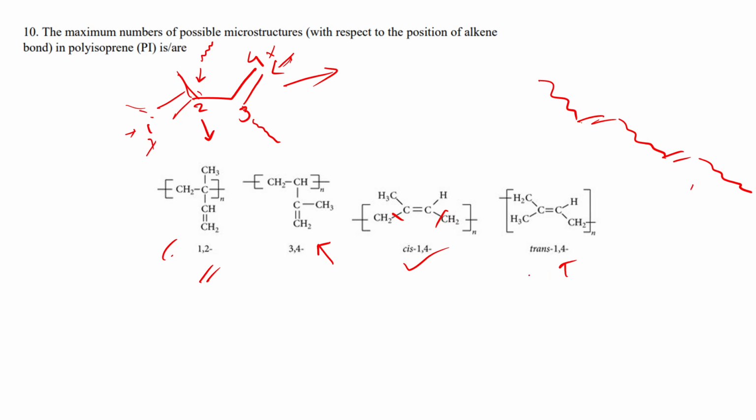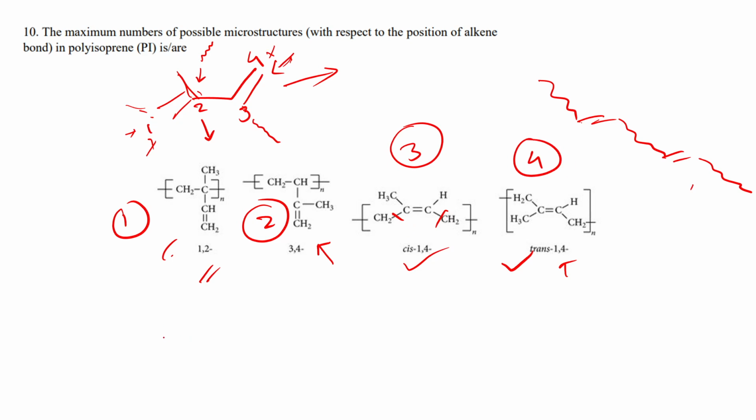For that, you are going to have this particular microstructure. So that's why four microstructures are possible: if the one-two carbon reacts, if the three-four carbon reacts, and one-four with cis and trans. So the number of possible microstructures would be four. So four should be the right answer for this one, and in that way you can decide.